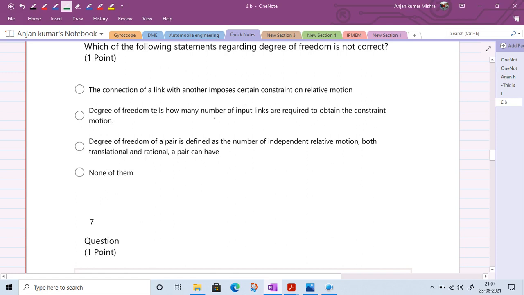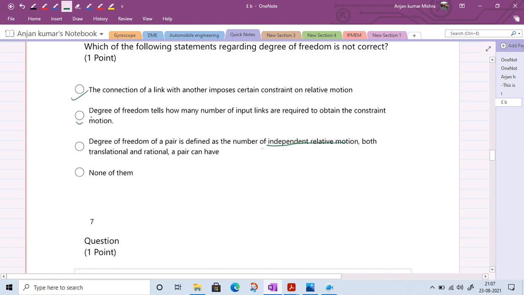Second option, degrees of freedom tells how many input links are required to obtain the constrained motion, that is also correct. Degrees of freedom of a pair is defined as the number of independent relative motions, both translational and rotational, a pair can have. That is also correct.